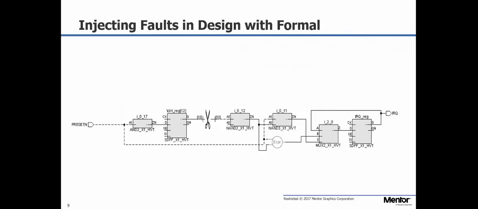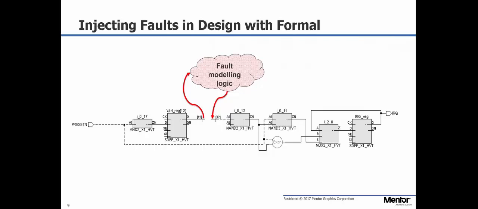Today, in formal tools, you have the ability to cut any net in your netlist and force the net with some value from outside. This is the key to how you can model faults.